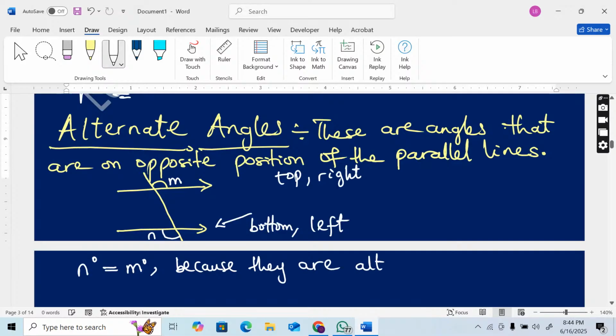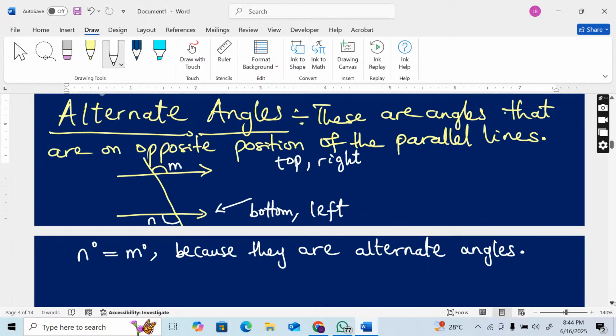They are alternate angles. Alternate angles are angles that are on opposite position of the parallel lines. Alternate angles are equal. Take note.